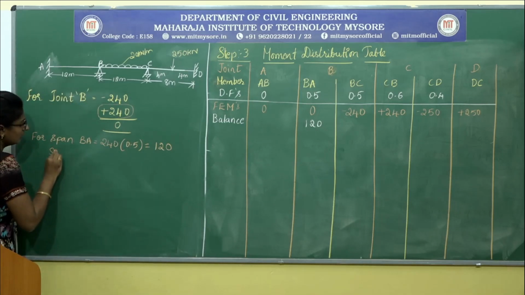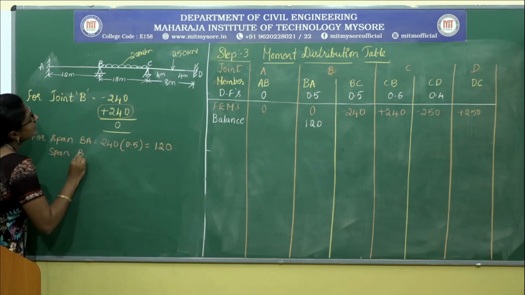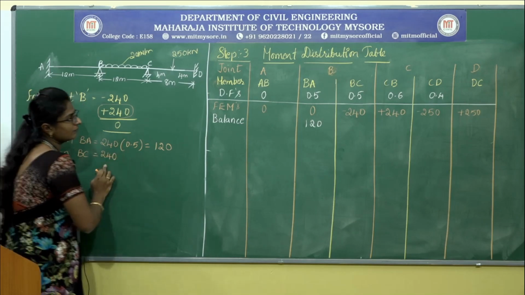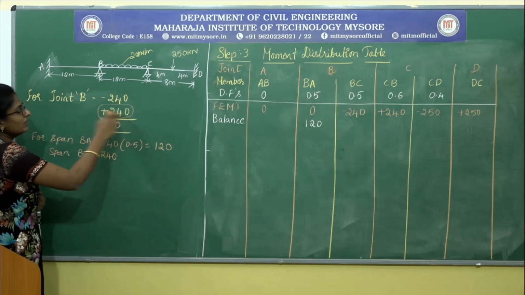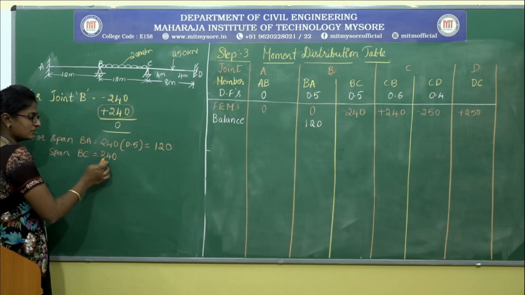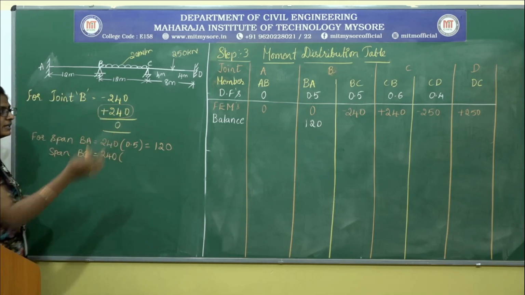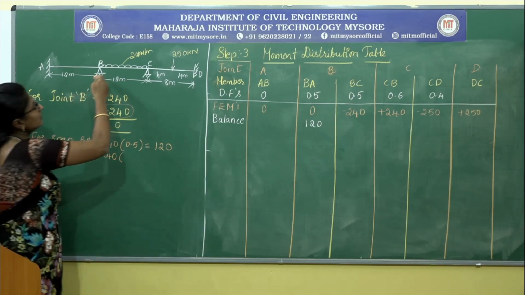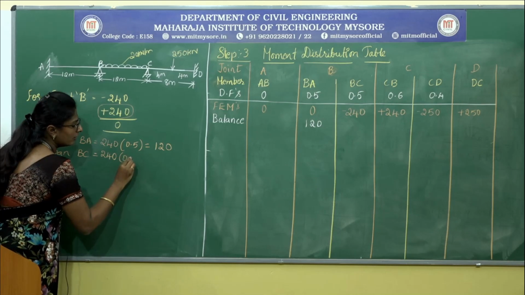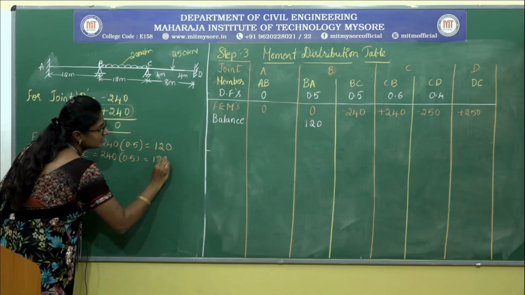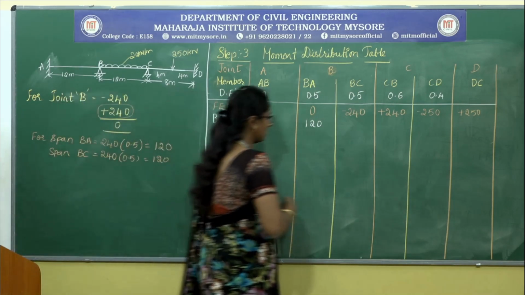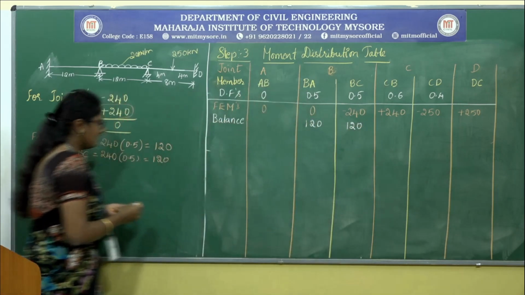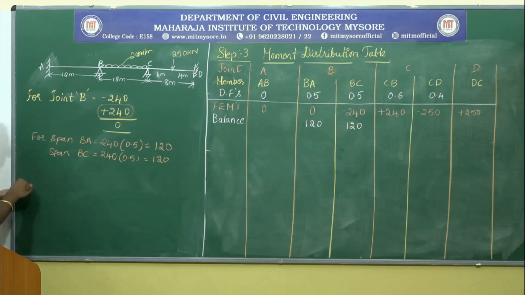Similarly, for span BC the balanced moment for the joint remains the same which is plus 240, but the distribution factors may vary. For span BC the distribution factor is 0.5 again. So, this also remains the same, which is plus 120, right.